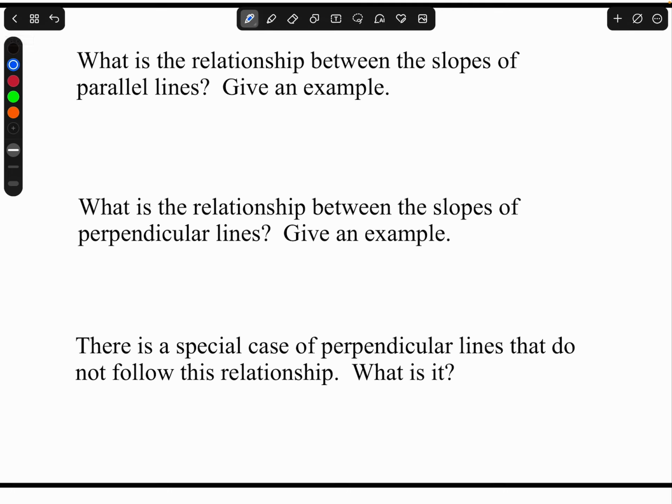All right, so it says, what is the relationship between the slopes of parallel lines? Give an example. Okay, so I think we know that parallel lines have the same slopes and different y-intercepts. So parallel lines have the same slope, but different y-intercepts.